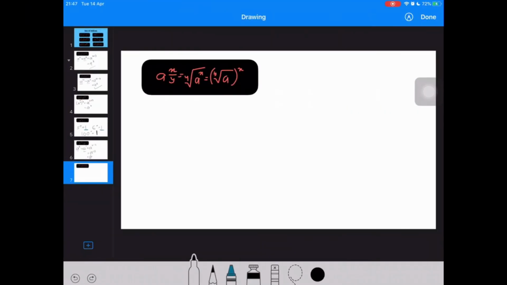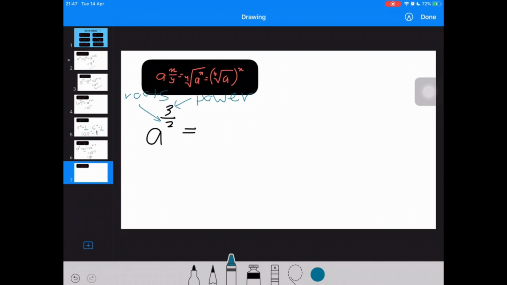The next one is a to the power of x over y. What should we do? Let me give you another example. a to the power of 3 over 2 equals, okay. This part is for the power, and the number 2 is for the root.